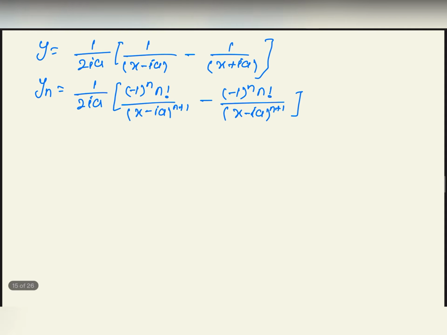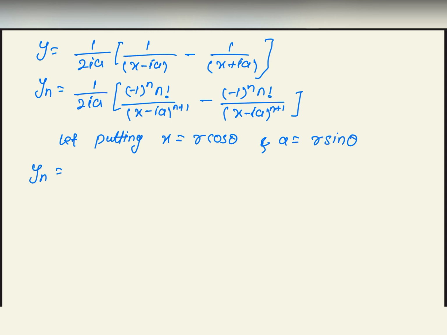Now let us put x is equal to r cos theta and a is equal to r sin theta. So yn is equal to 1 upon 2ia.